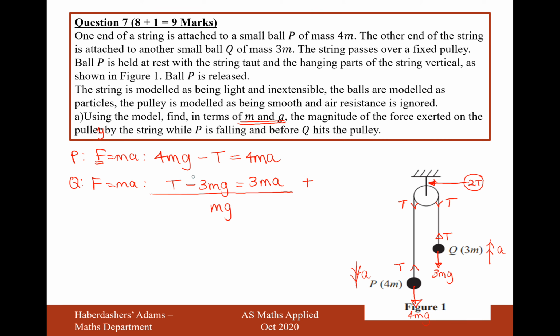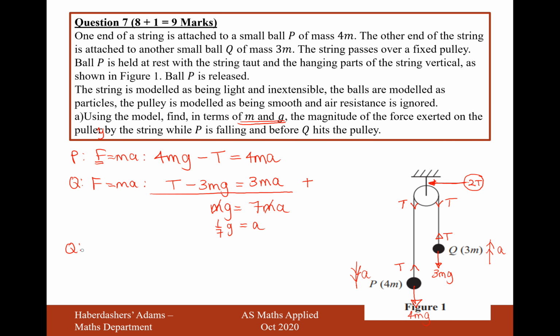T and minus T will add together to make 0, so that will cancel out. And then 4ma and 3ma will make 7ma. Cancel out your m's on both sides and divide by 7, we get 1/7 g as our value for the acceleration.